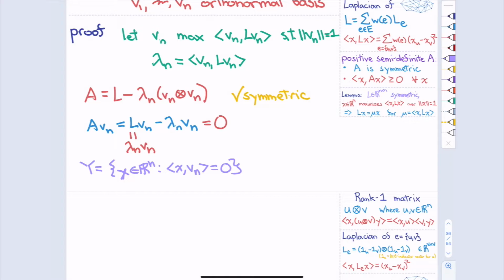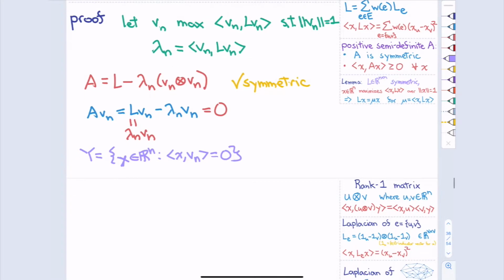That's what we're going to try to do. The only thing we need to verify before we can do that is to show that A maps Y into Y. It would be nice to recurse on A inside Y, but we need to justify that A lives in Y, so to speak.